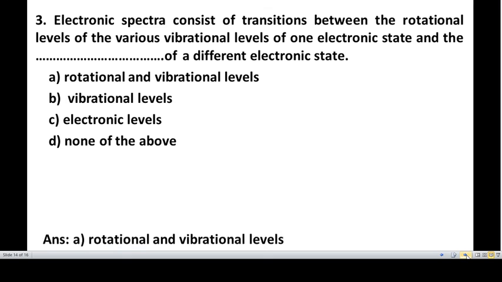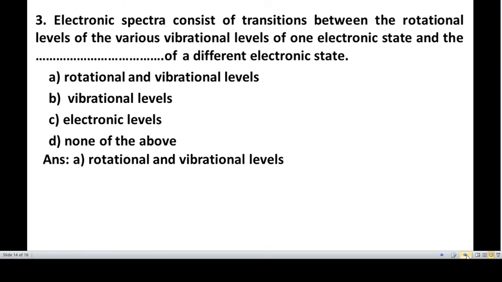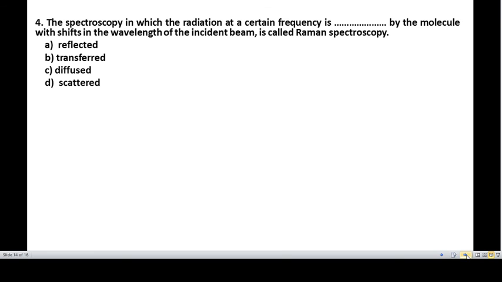And the correct answer is rotational and vibrational levels. And the fourth question: the spectroscopy in which radiation at a certain frequency is dash by the molecule with shifts in the wavelength of the incident beam is called Raman spectroscopy. The options are reflected, transferred, diffuse, scattered, and the correct answer is scattered.